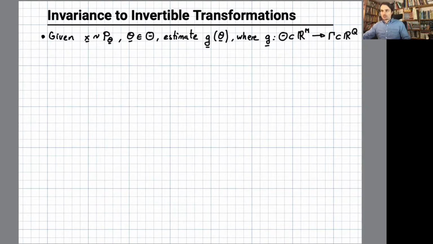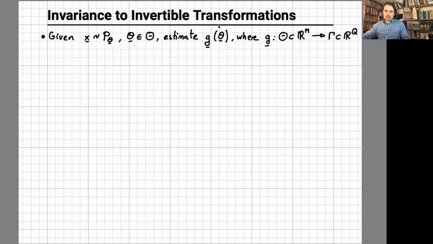Another very important property that actually helps us out very often is the so-called invariance of the ML estimator to transformations of the parameters. So let us assume, as always, that our data vector adheres to a probability distribution parameterized by a vector theta that takes values in a space capital Theta, and the goal is to estimate not theta but a function g of theta, right?